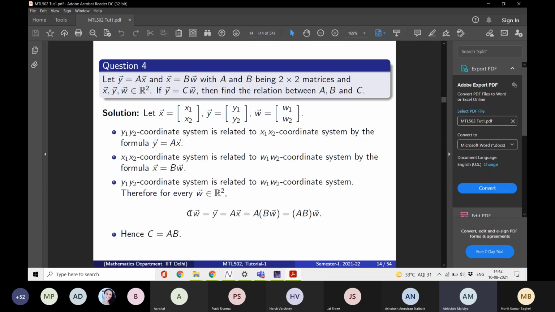The entries below the diagonal are 0. So for the lower triangular matrix, the entries below the main diagonal are 0. We don't care about the entries on the diagonal and above the diagonal.